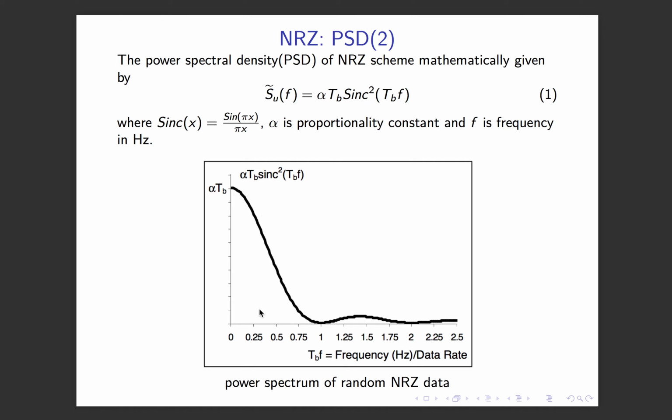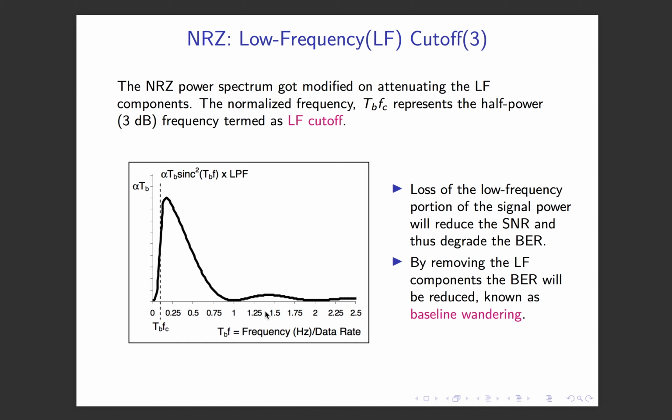That's a very basic problem with the entire polar encoding scheme. If we go far away from the zero frequency, we can see that a very small amount of energy is concentrated there compared to the energy concentrated near zero. If we normalize the entire thing, then this fc is the half power frequency.